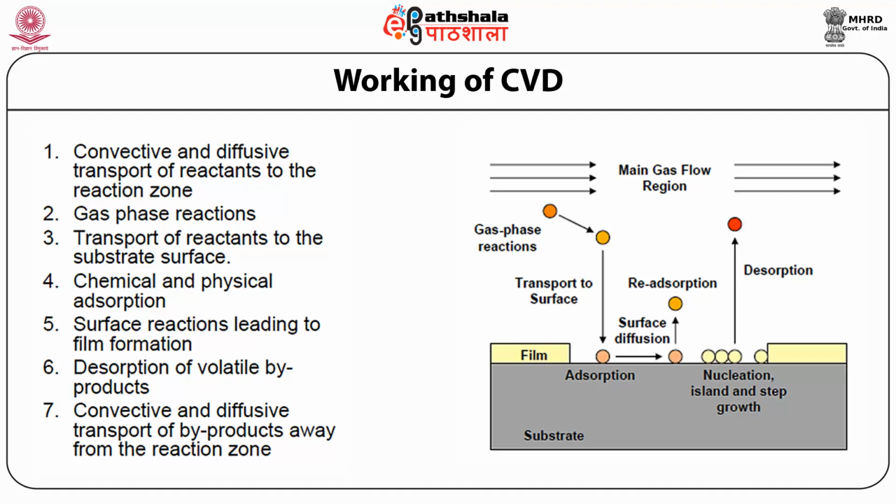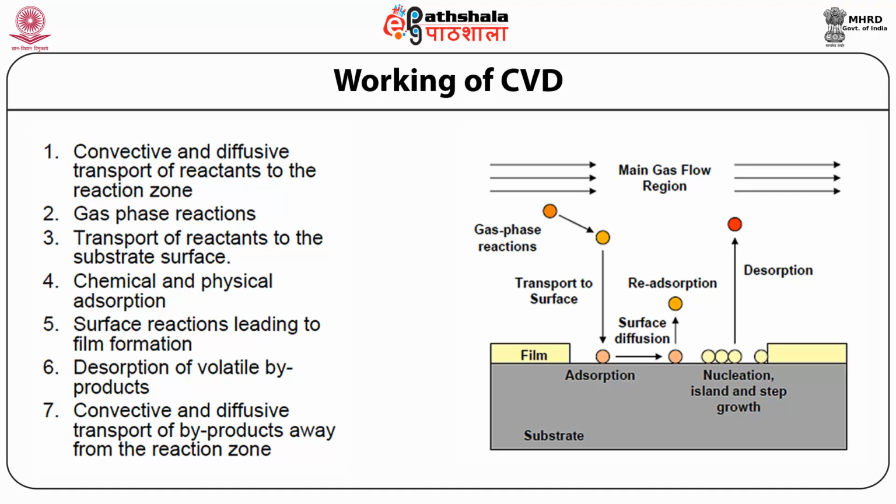In the next phase, chemical and physical adsorption takes place, followed by surface reactions leading to film formation, and there can also be diffusion taking place. After the chemical reaction there is desorption of the volatile products, and they are just pumped out, with convective and diffusive transport of byproducts away from the reaction zone.